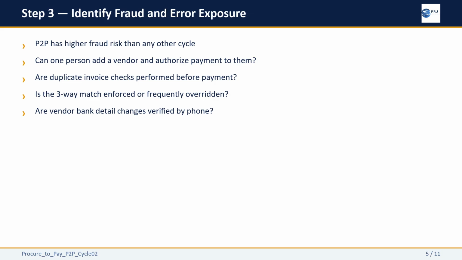Is the 3-way match enforced, or are overrides routine? Routine overrides mean the match is not functioning as a control. And when a vendor requests a bank account change, is it verified by calling the supplier on a known number, or is the change applied based on the email? These 4 questions cover the majority of high-impact fraud risk in P2P.